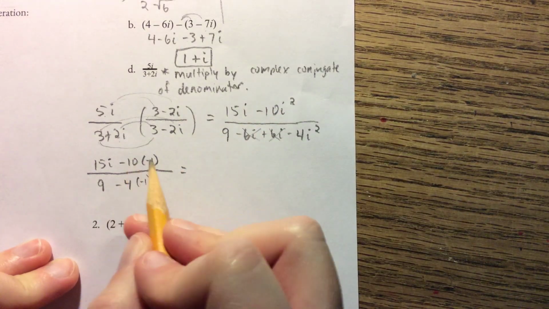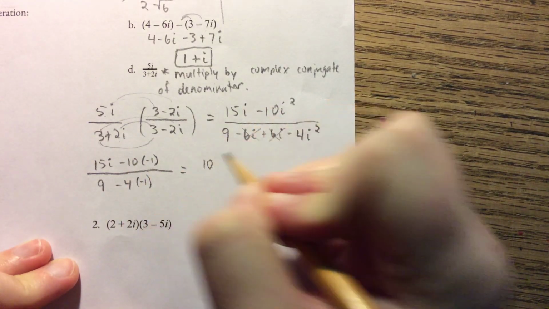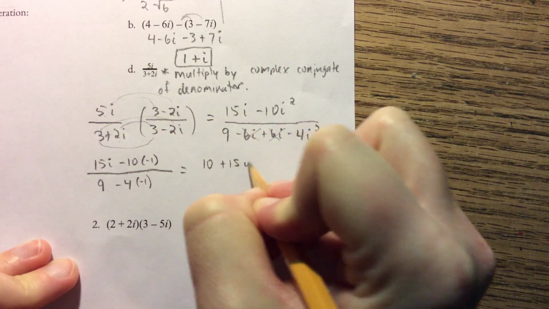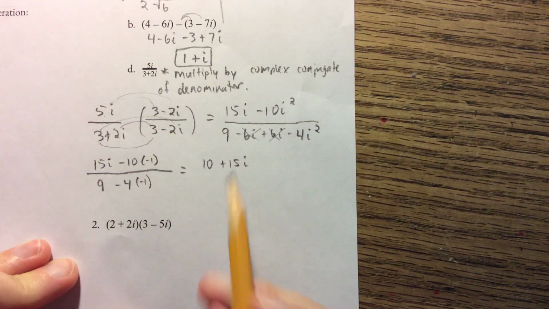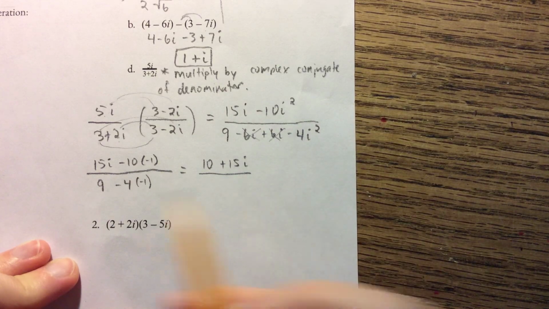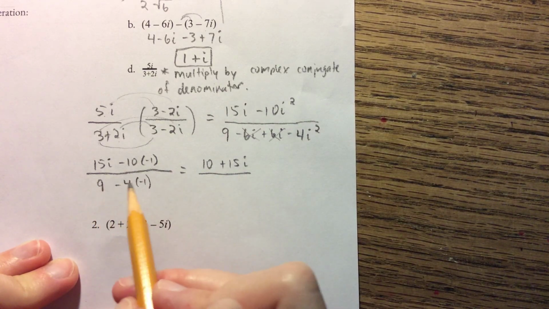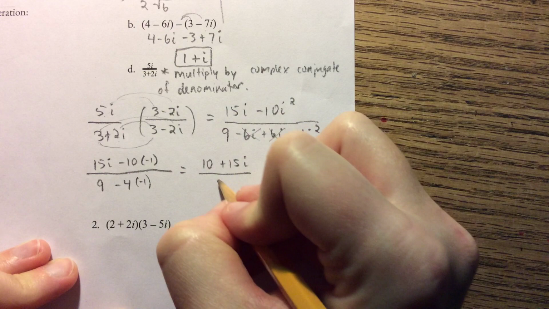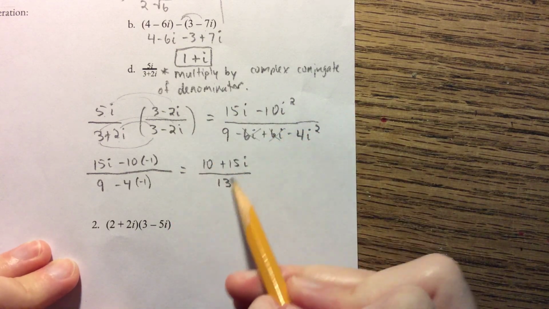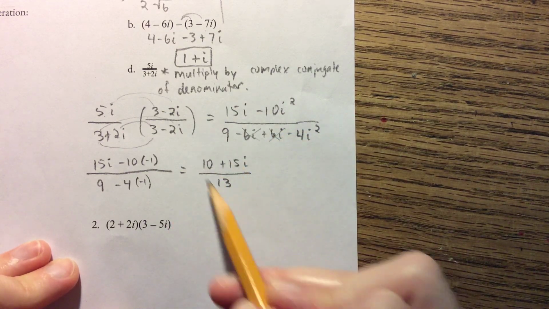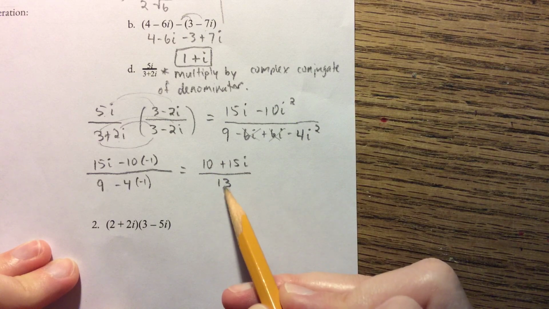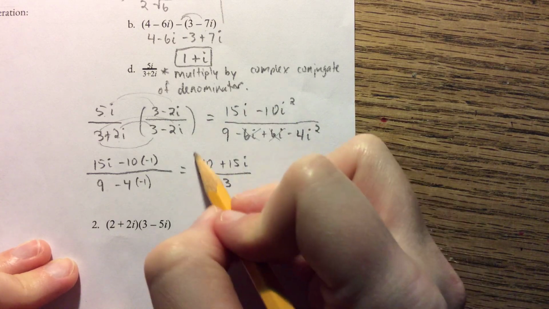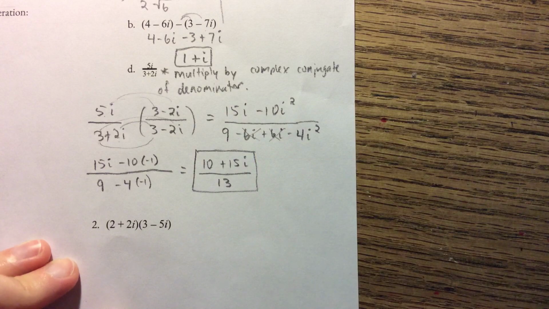So negative 10 times negative 1 is positive 10. I'm just writing that so that the real part comes before the imaginary part. And then on the bottom, this is going to become a 9 plus 4, which will be 13. And since none of those things share a common factor on here, like 10 and 13 don't share a common factor, 15 and 13 don't, that's as simplified as that answer is going to get.